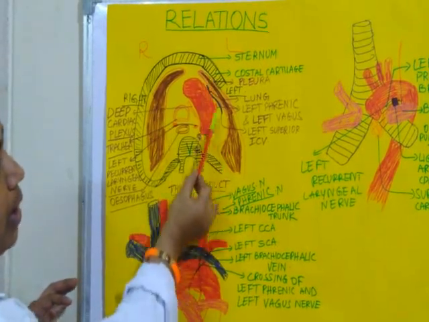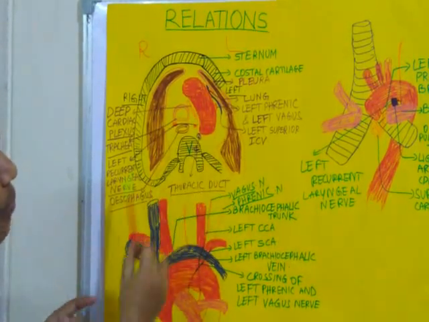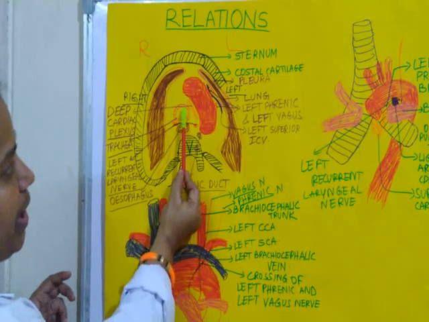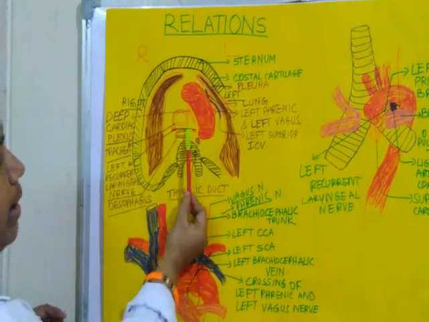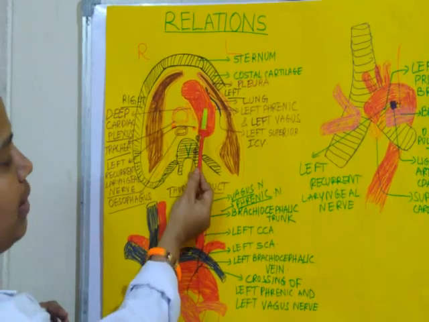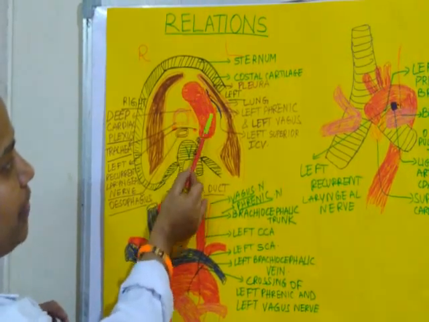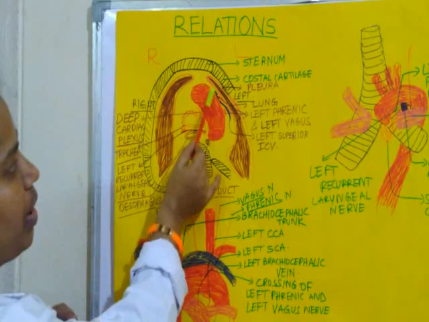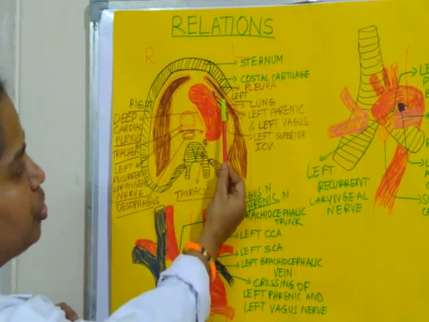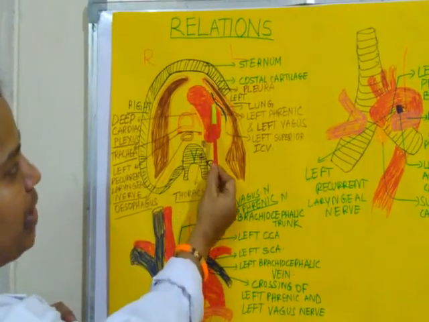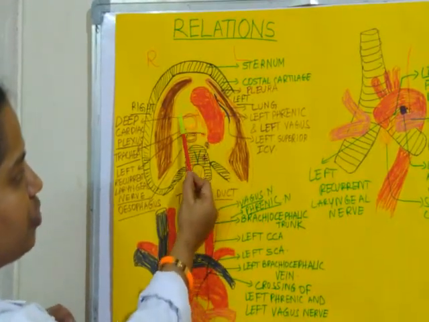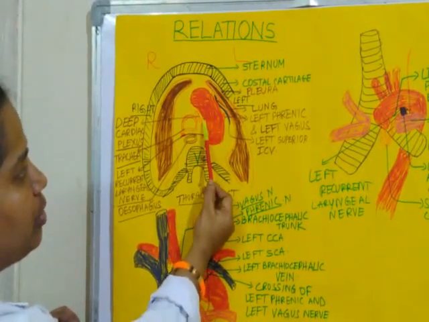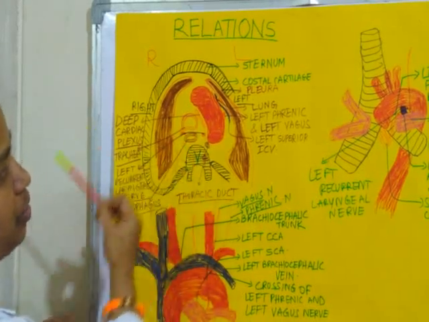This is left pleura and left lung. In front of vertebra we have the trachea, esophagus, and towards the left side we have the arch of aorta. There are some structures in front and to the left of arch of aorta, and some structures behind and to the right of arch of aorta.